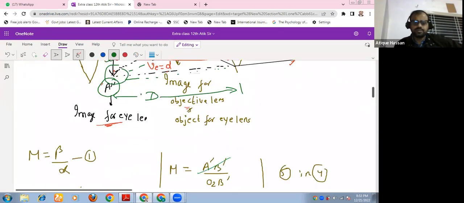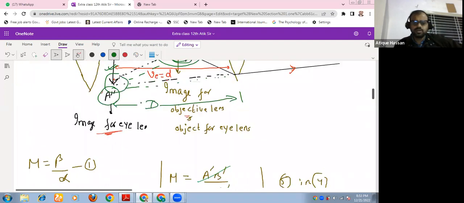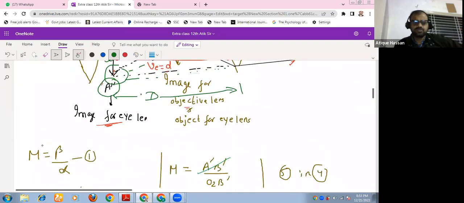Now our next task is to find the magnifying power, right? From the definition we know that magnifying power is the ratio of the angle subtended by the image at the eye to the angle subtended by the object.